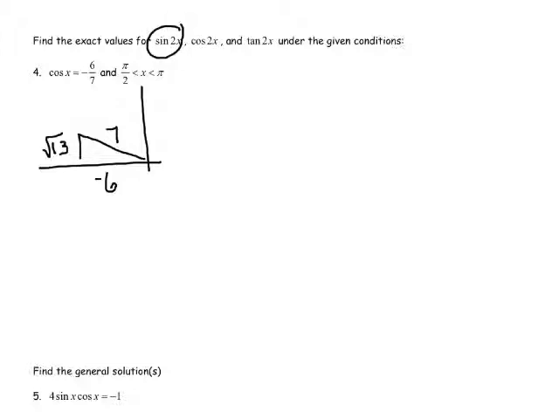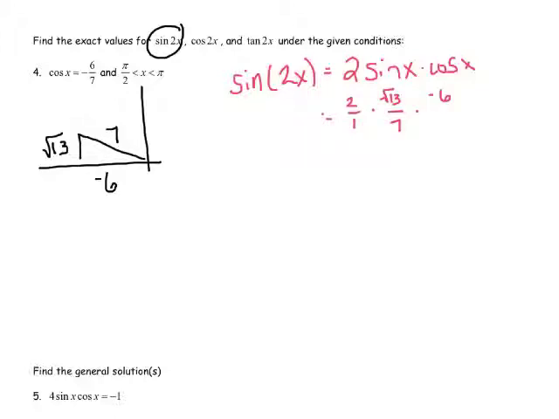So sine of 2x, I'll do that one first. So you may want to pause this and see if you can do it yourself. I'm going to go kind of fast because this is not something new. So 2 sine x cosine x is equal to 2 times root 13 over 7 times negative 6 over 7, which is negative 12 root 13 all over 49.